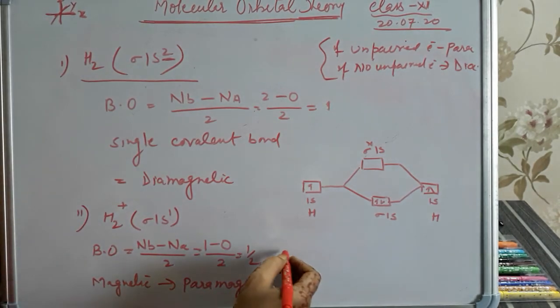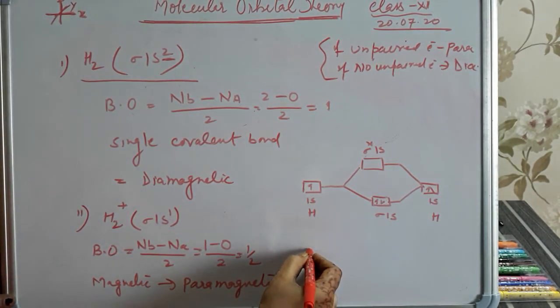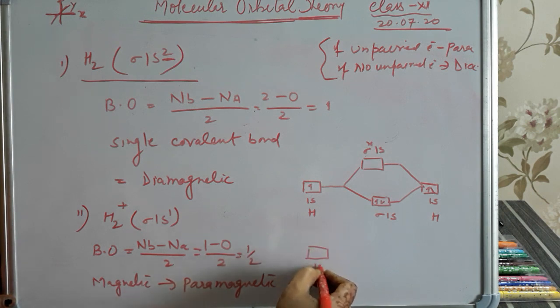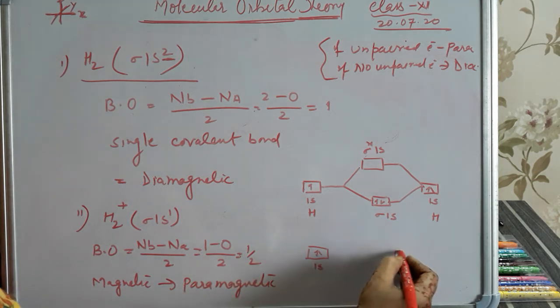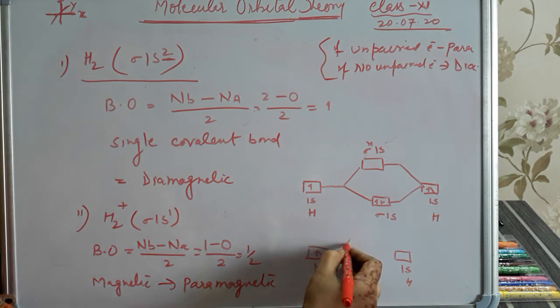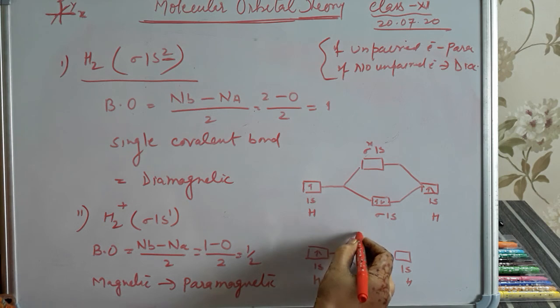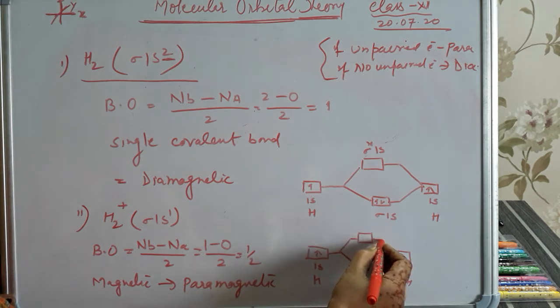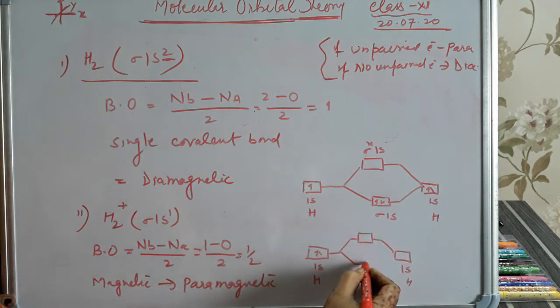And how can we represent it, student? Suppose this is 1s, only one electron, and another hydrogen has no electron. See, this is H, this is H. So two molecular orbitals form, one anti-bonding and one bonding.